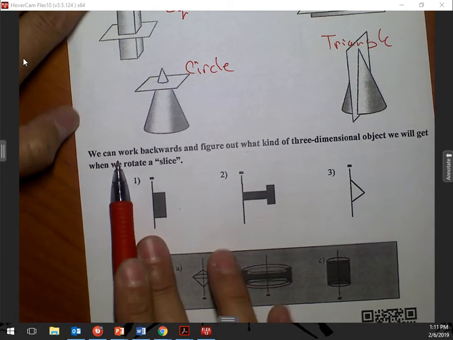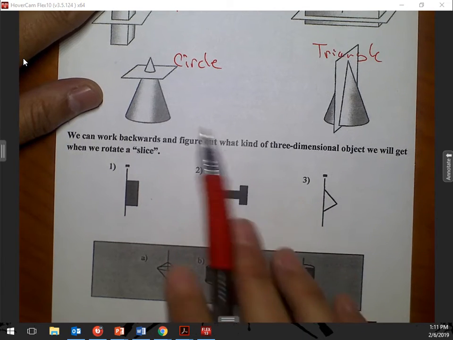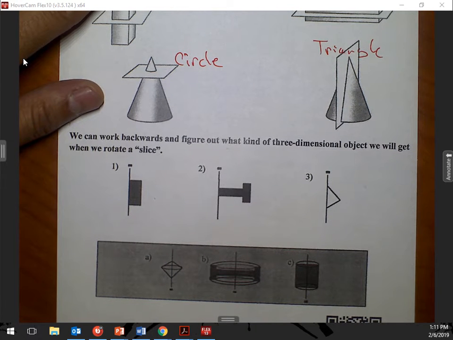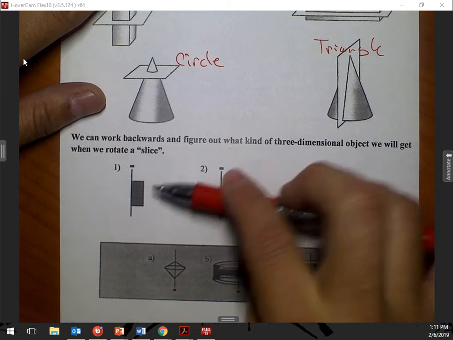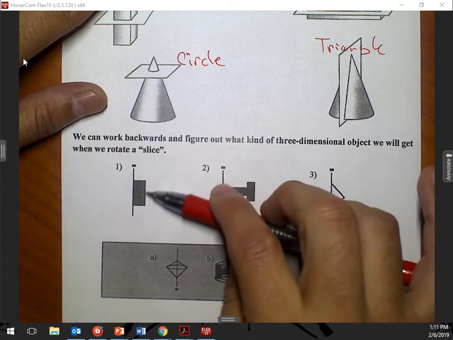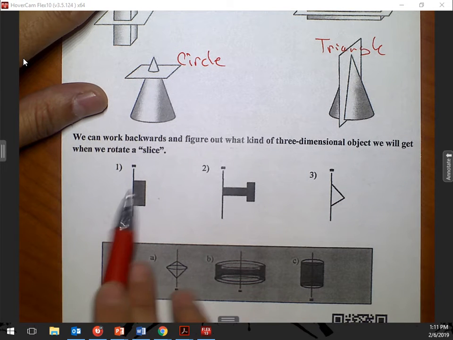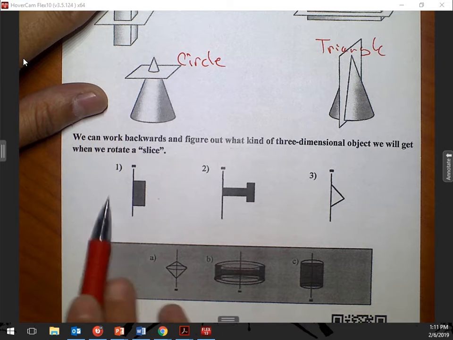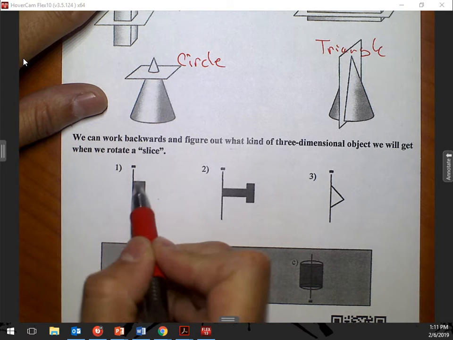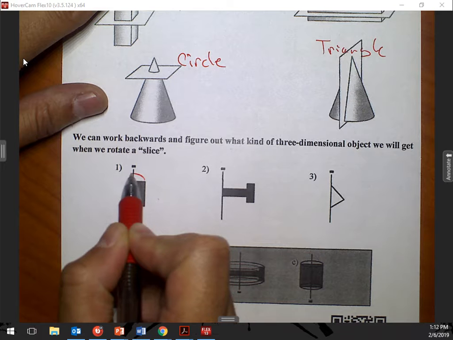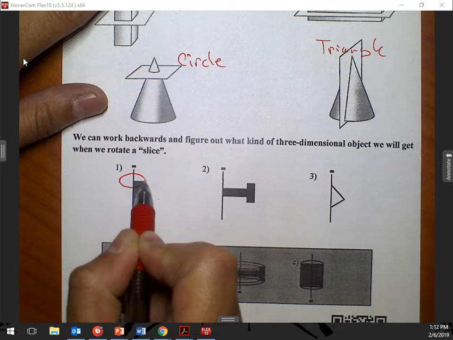Now, okay, let's take a look here. It says we work backwards and figure out what kind of three-dimensional object we'll get when we rotate a slice. So now I'm going to take this and rotate it around. It's going to go around this way, so this is going to rotate like that.